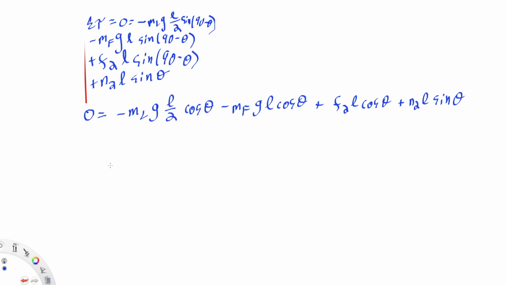And on the left-hand side, I'm going to factor out the cosine theta. So we have cosine theta times m_l g L over 2 plus m_f g L minus F2 L equals N2 L sine theta.